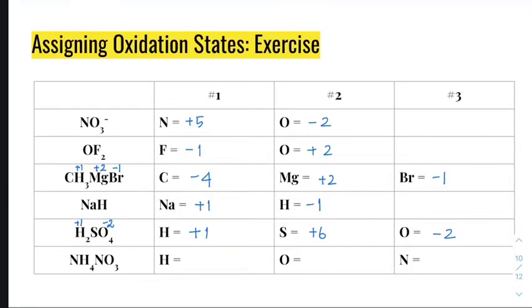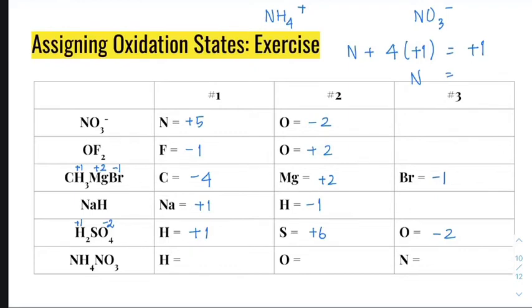Now we have NH4NO3, ammonium nitrate. To be able to do this, we have to separate that into the NH4 plus polyatomic ion and NO3 minus. NO3 minus we have done before. For NH4 plus, N plus 4 times +1 should add up to +1.